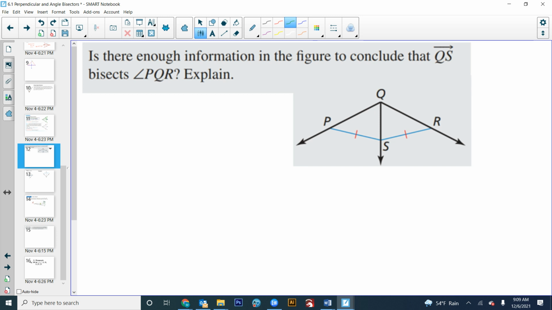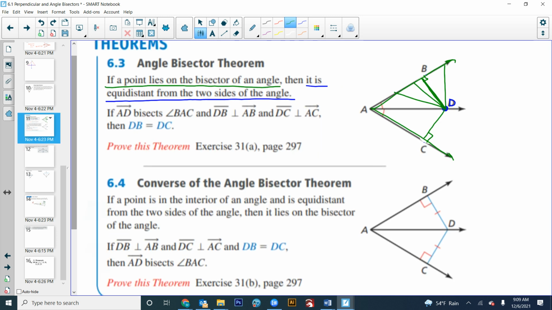Is there enough information to conclude that QS bisects angle PQR? Now, I guess I said it correctly, but I want to also be clear. Watch up here. Do you agree this is the shortest distance? But could I have told you another segment, like D is the same distance at other points on the lines or the rays? Well, let's read the theorem. If a point lies on the bisector of an angle, is D still on the bisector of an angle?